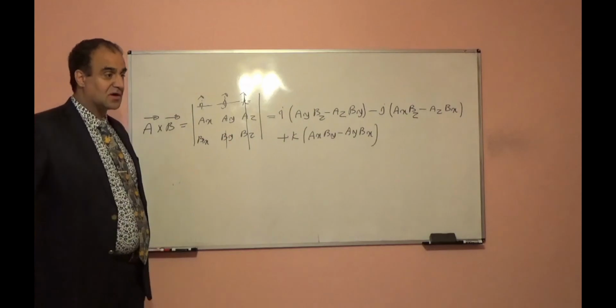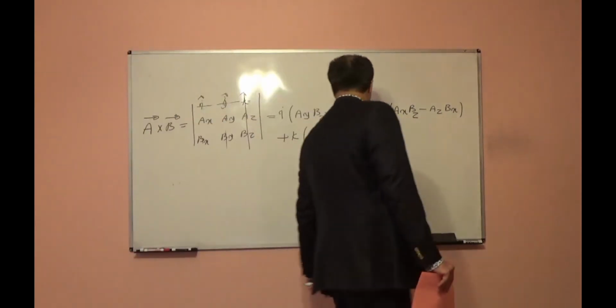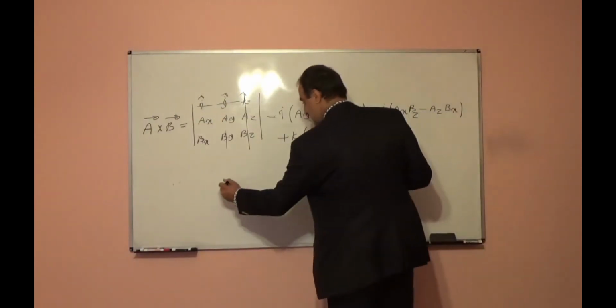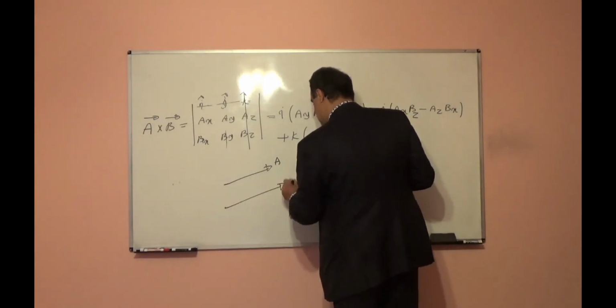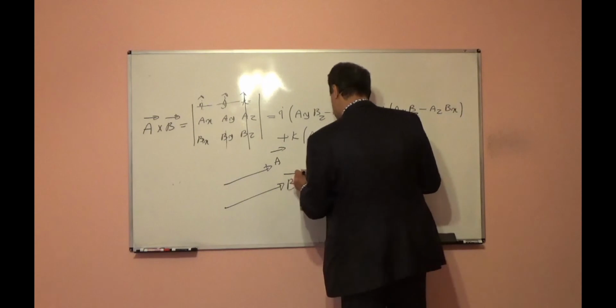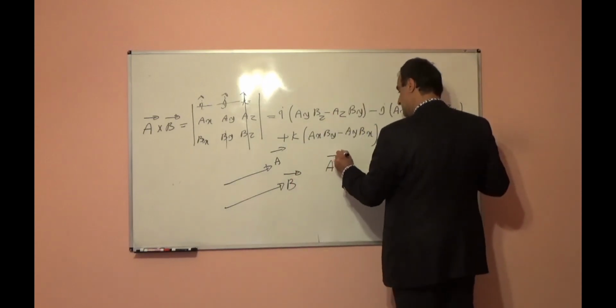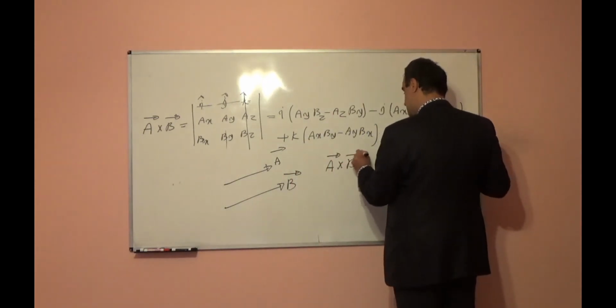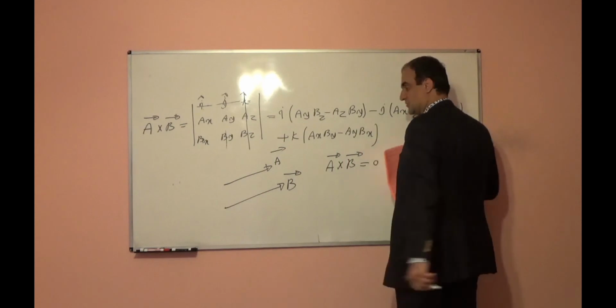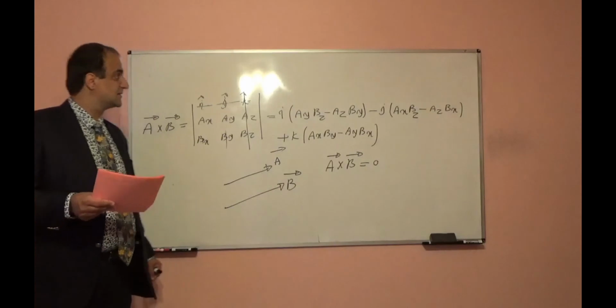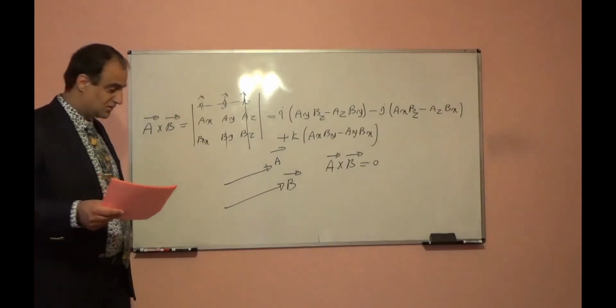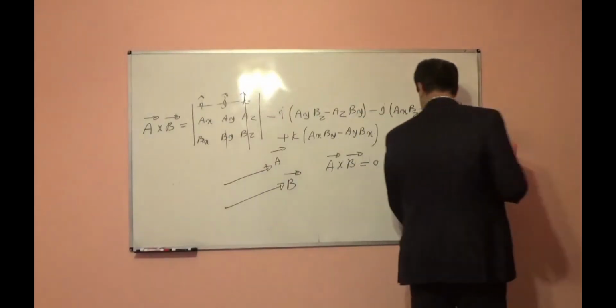The cross product of two parallel vectors, if vector A and vector B are parallel, A cross B will be equal to 0. This we should know. Another important thing is the magnitude of the cross product.